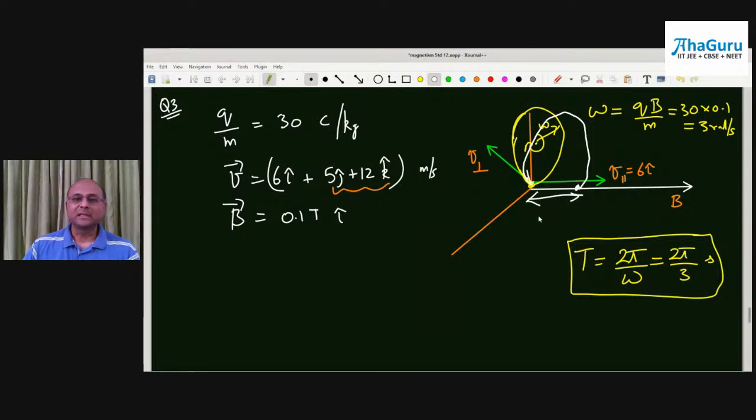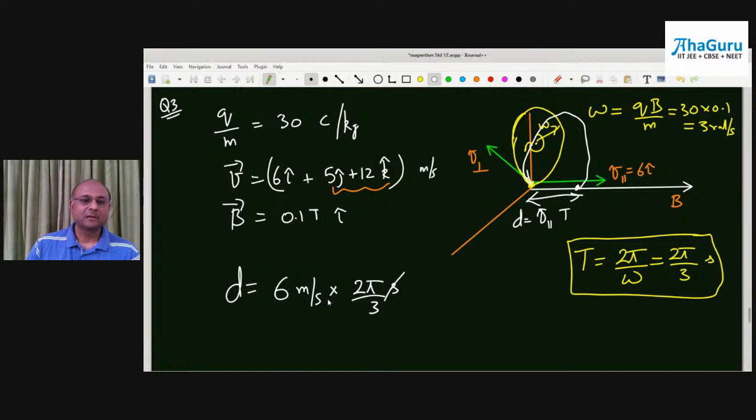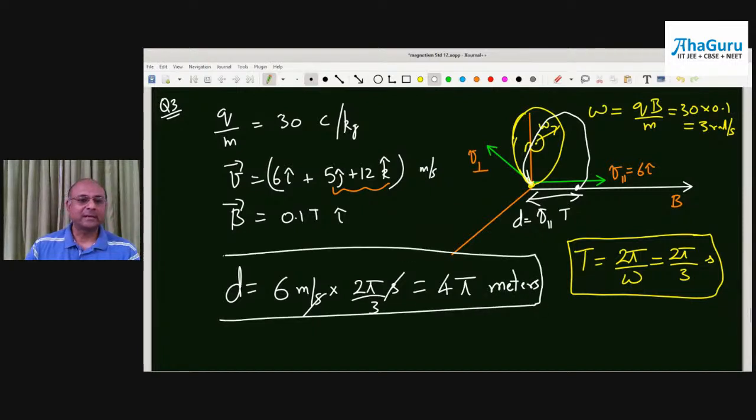And this distance is V parallel into T. That is the distance that we are talking about here. So therefore, D is V parallel, 6 meters per second, into the time 2 pi by 3 seconds. And so that is basically 2 into 2, 4 pi meters. Is that okay? So that is the distance between successive points.